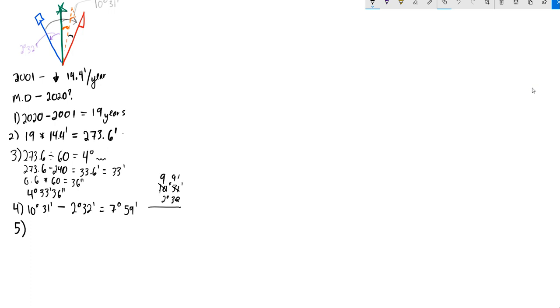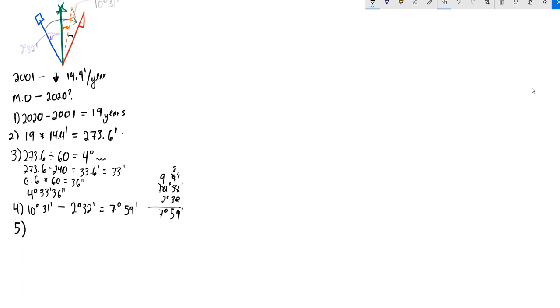Oh no, I'm right. 91 minus 32 is 59, and 9 minus 2 is 7. There we go, so I was correct. Okay, so that's how I got 7 degrees 59 minutes from that.